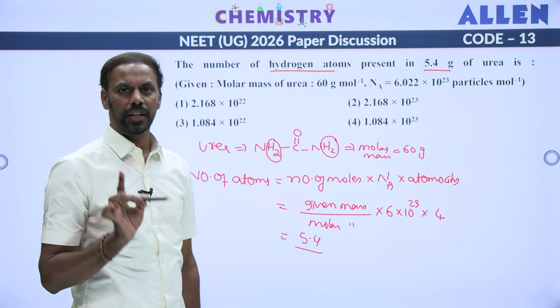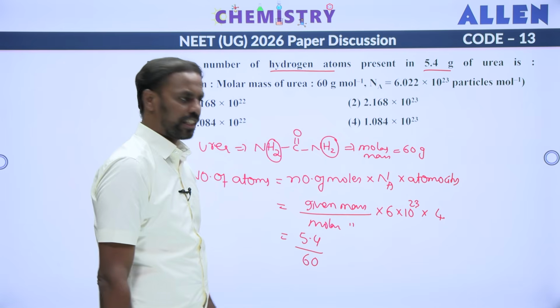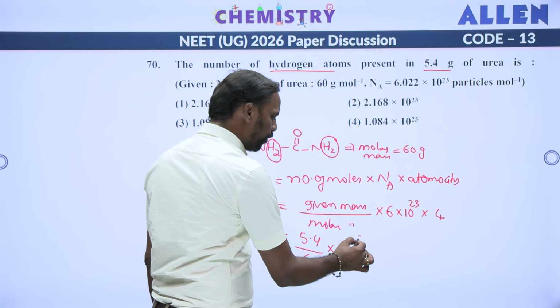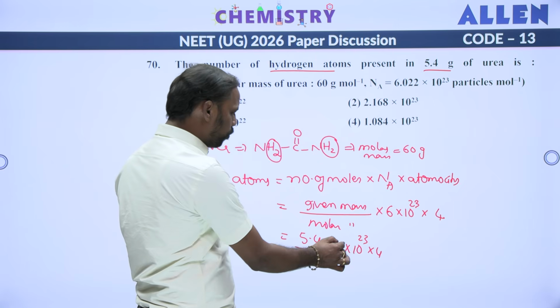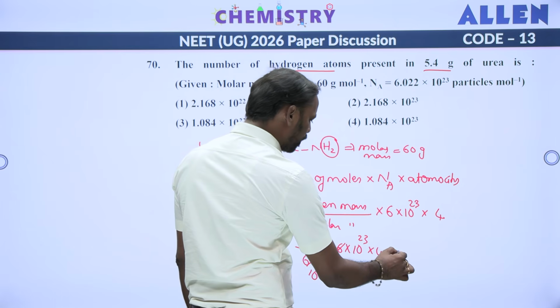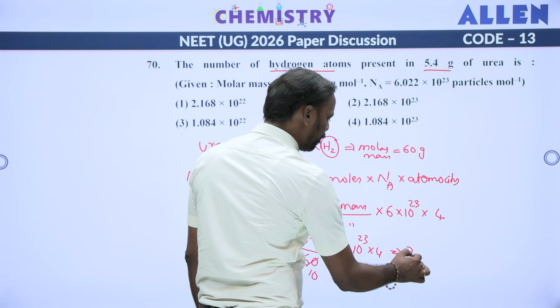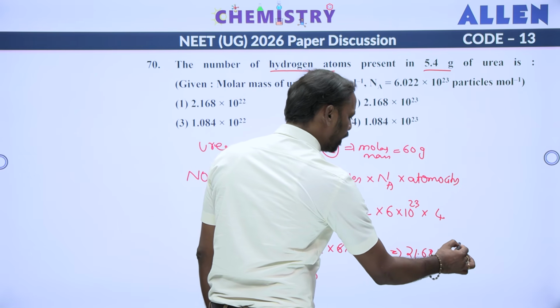Meaning 1 mole of urea is equal to 60 gram. So 5.4 divided by 60 into 6 into 10 to the power of 23 into 4. 5.4 into 4 gives us 21.68, so 21.68 into 10 to the power of 22.